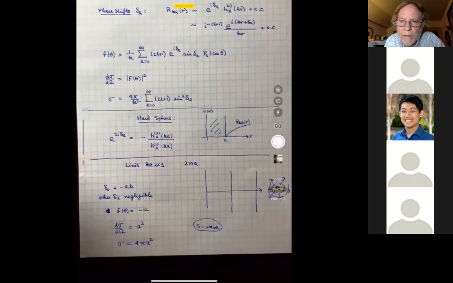It's the cross-sectional area of the sphere, because anything outside that radius just goes straight through and doesn't scatter. So what we're finding is that in the small Ka limit, or the long wavelength limit, the total cross section in quantum mechanics is 4 times as big as the classical cross section.